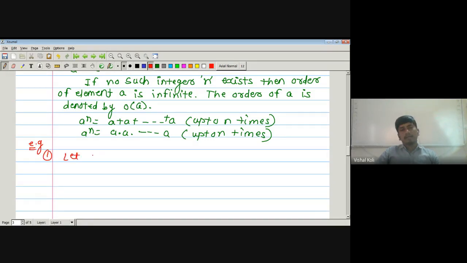For example, let G equal to 1, minus 1, i, minus i be a multiplicative group.